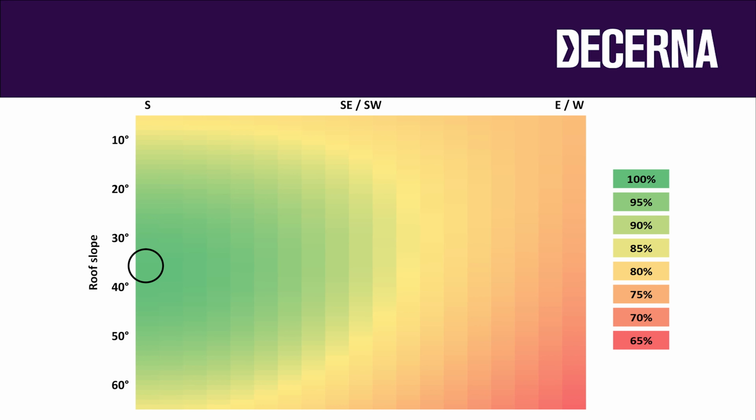If we call this 100%, the relative energy yields from other combinations of azimuth and slope can be read off from the chart. So for example, an east-facing array on a roof sloped at 60 degrees will produce about 65% of the energy of a south-facing roof sloped at 35 degrees.